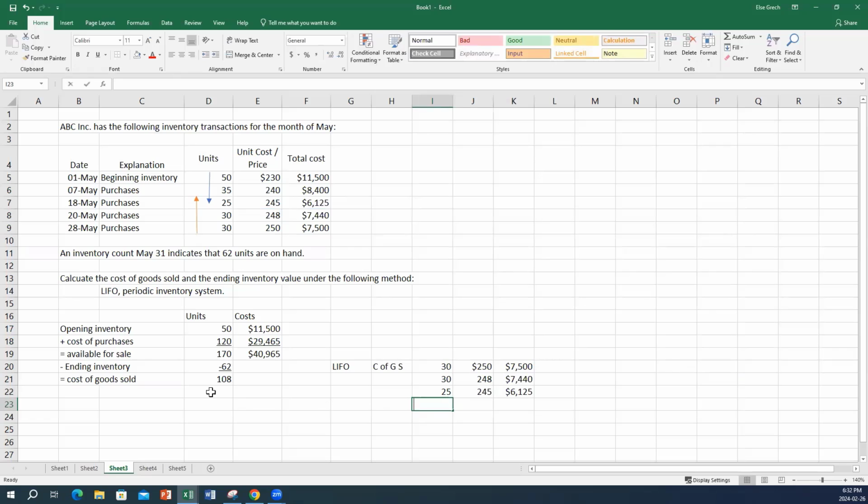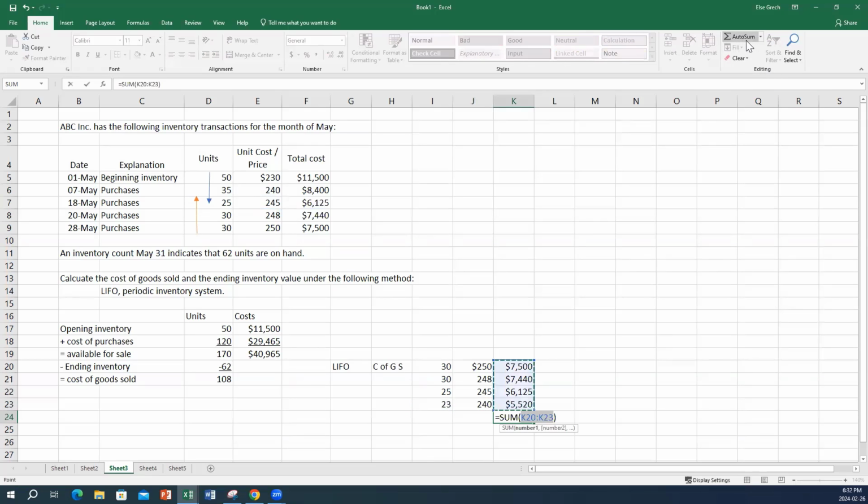Now, let's look at it. 108, subtract the 30, subtract the next 30, subtract those 25, 23. So I can see that 23 units that we sold come from this purchase of 35 units, $240 each. I'm going to do the math. There we go.